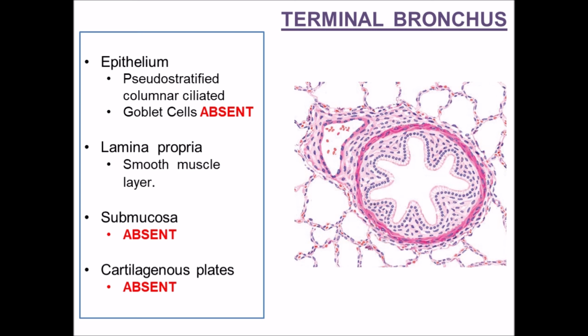This well-developed smooth muscle layer gives rise to mucosal folds in the lumen. Seromucous glands are absent, cartilaginous plates are absent, and the pulmonary artery that accompanies the terminal bronchus can be seen.